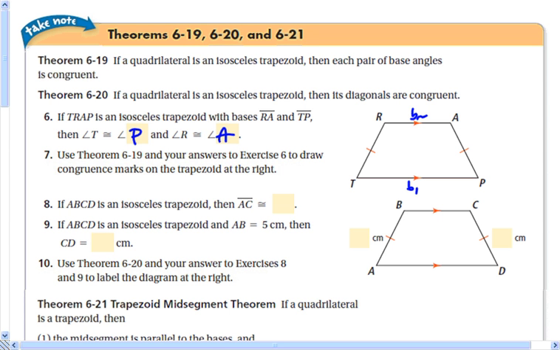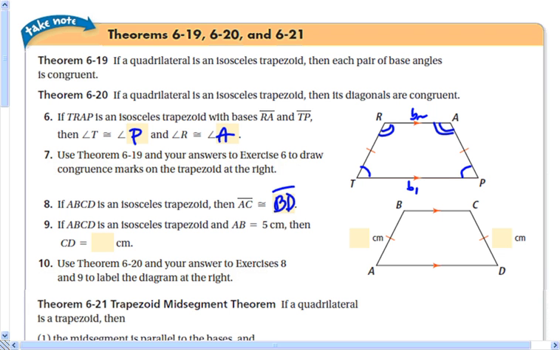All right, so we can draw some congruent marks, right? There and there, and there and there. All right. If ABCD is an isosceles trapezoid, then AC is congruent to AB.